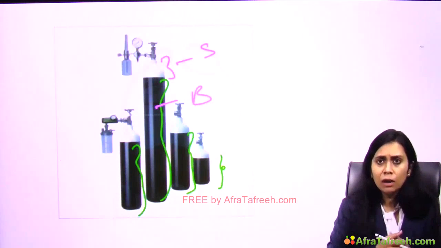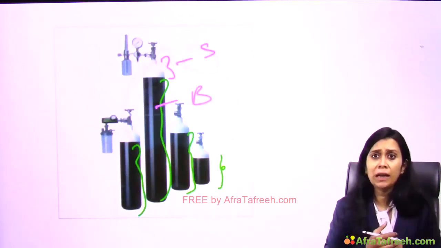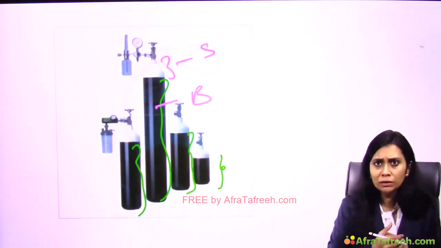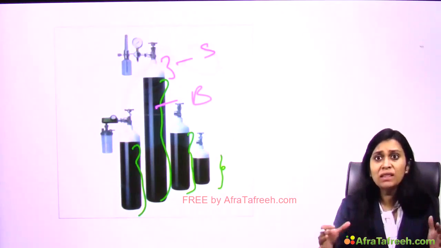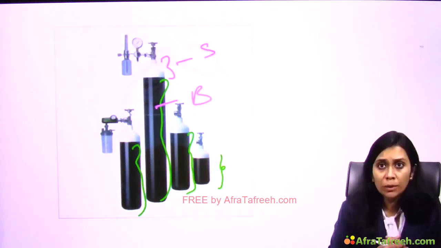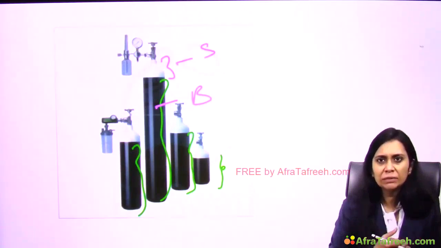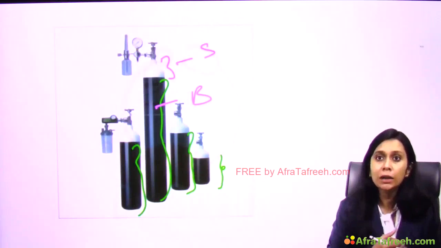Got it? Why do we have color coding for different gases stored in cylinders? For easy identification, of course. But if you see some cylinders being used in the operation theatre for years, because of lack of proper maintenance and care, they all look brown-black. So this color coding was not solving the purpose 100%.